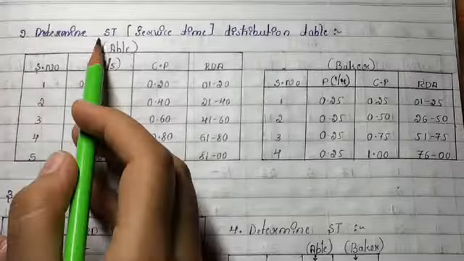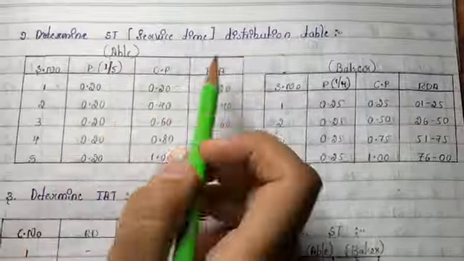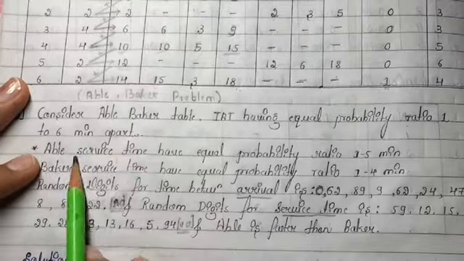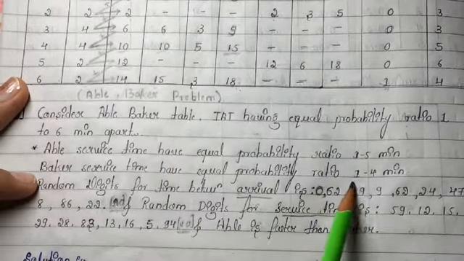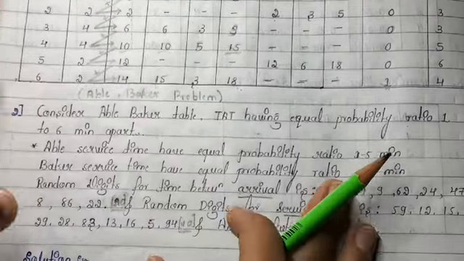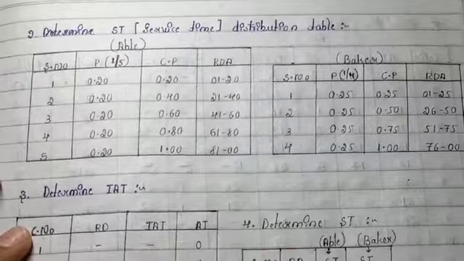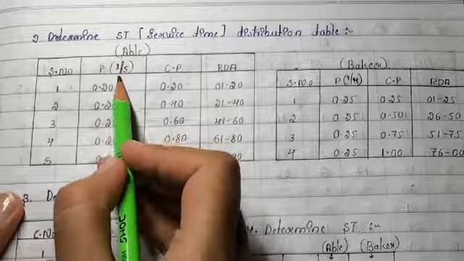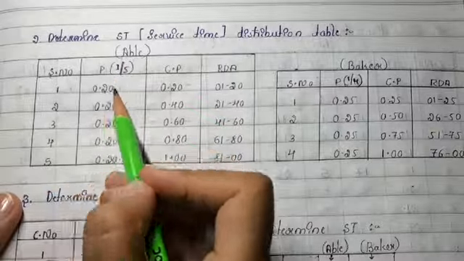Okay, now the second step is the service time distribution table. In the question they are given the service time for Able and the service time for Baker separately, with separate probabilities, so we are considering separate tables. Okay, now the probability given for Able is 1 by 5, so the decimal value of 1 by 5 is 0.20.